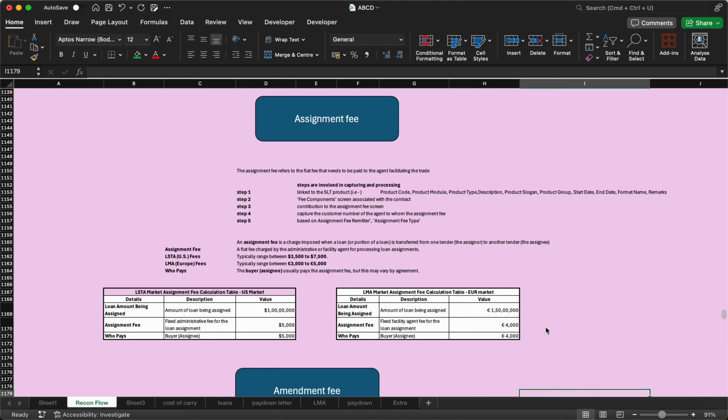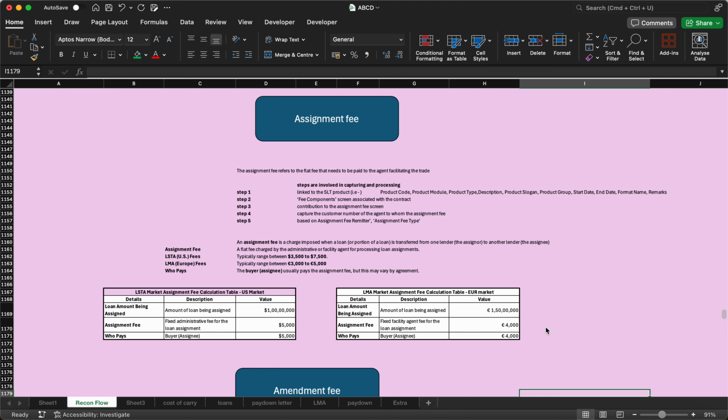For each transaction, like when we do the drawdown when the term loan has been decided, and when the borrower is required to invest in their project, he may call this money, like drawdown, capital call, capital commitment, first, second, third. So when he calls from the lender, each time there is an assignment fee for that. That is called assignment fee.